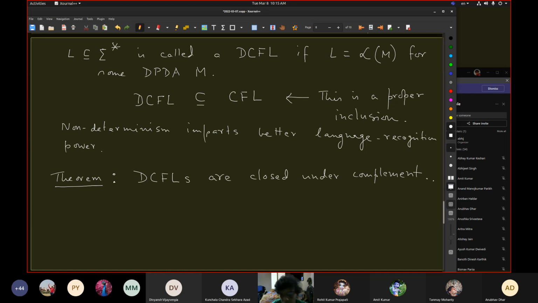On the other hand, we know that context-free languages are not closed under complement, and therefore this theorem, if it can be proved, will imply that this is a proper subclass of this.